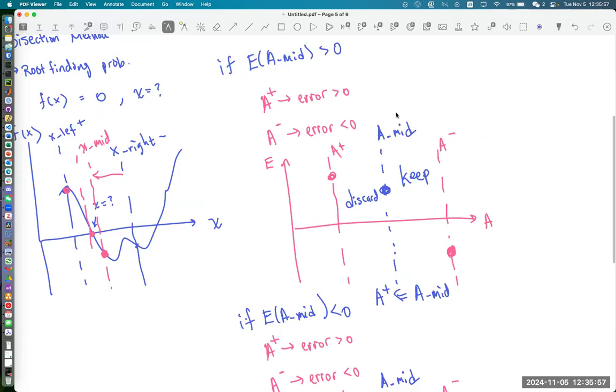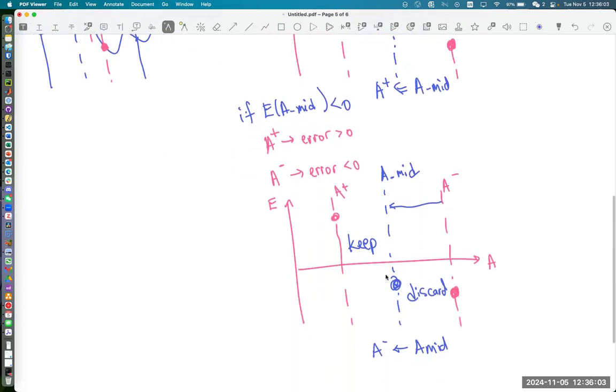So if the error is positive, then I'll keep this interval. If it's negative, I'll keep this interval. And this error is already calculated with the YIVP minus boundary condition 2. So I think this will be replacing the multiplication in lab 1.